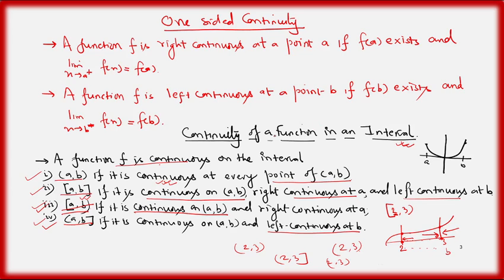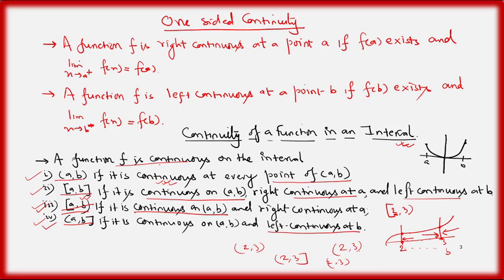And about continuity of a function in an interval, here I have shown in the figure as well. A function f is continuous on an open interval if it is continuous at every point of the open interval. To be continuous on a closed interval, the condition that should be satisfied is that it is continuous on the open interval of that closed interval, right continuous at a, and left continuous at b.